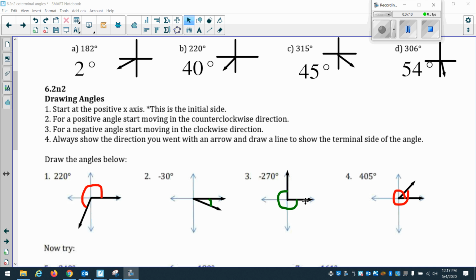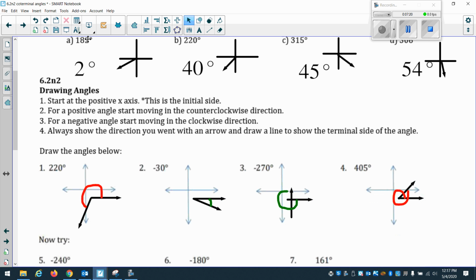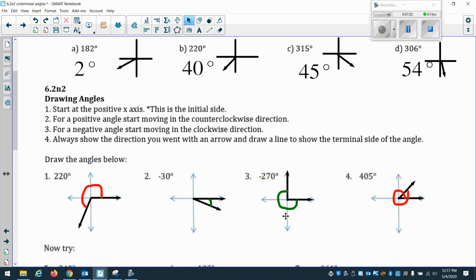Negative 270 starts here and you're going clockwise to the top here. What would have been positive 90 degrees. Now you see 405, well, that is greater than 360, so that means it completes one full rotation, so 360 degrees plus something additional, which would be what?